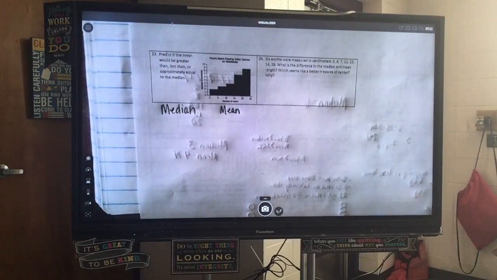All right, stand up if you are saying that it would be greater than. Stand up if you are saying that it would be less than.